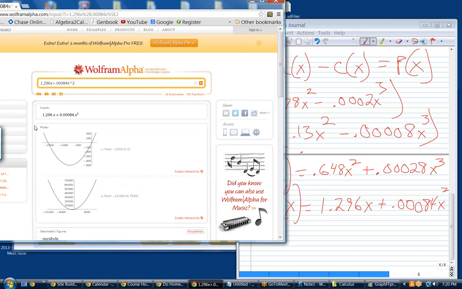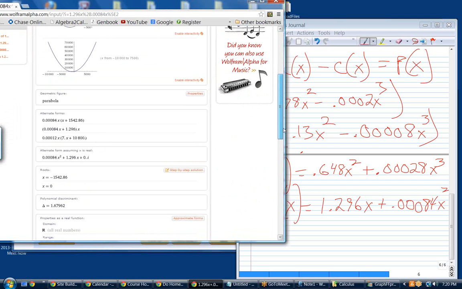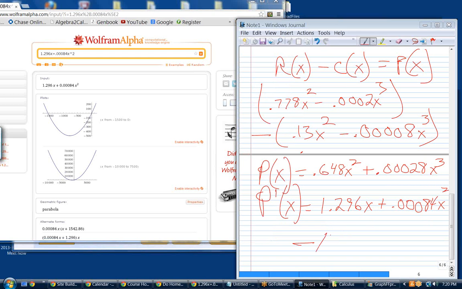So it's positive from negative infinity to, are you kidding me? They make the root minus 1542.86? Really? Minus 1542.86 is this point right here, which means that is the first point that it stops increasing.